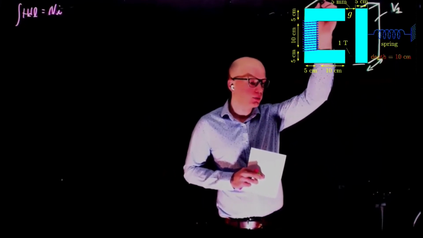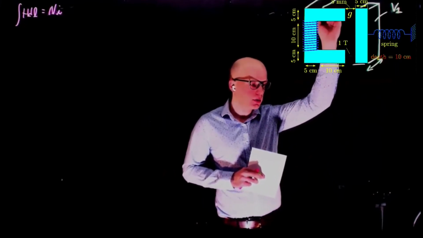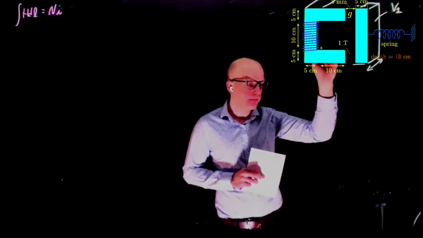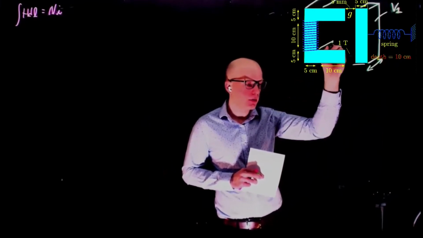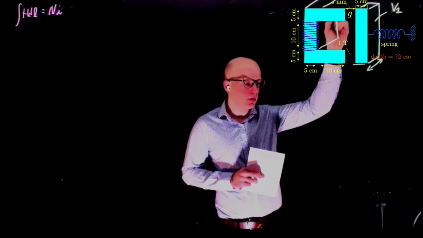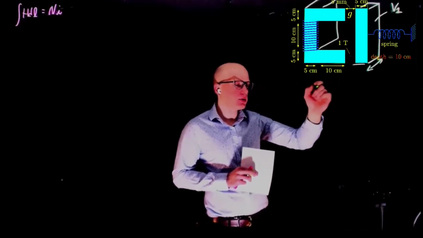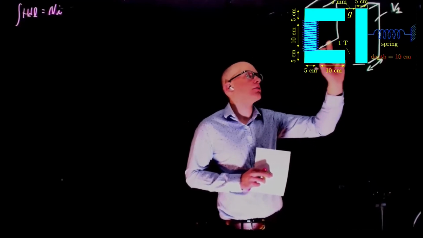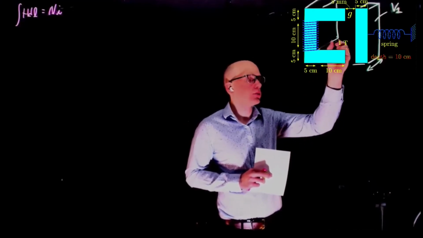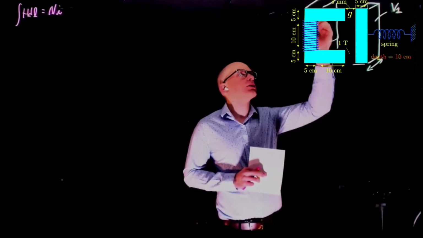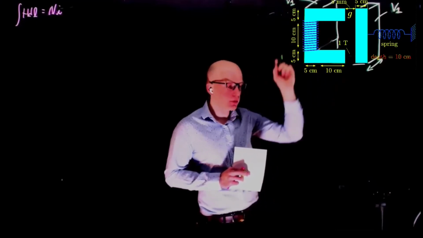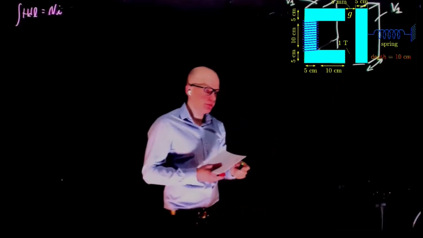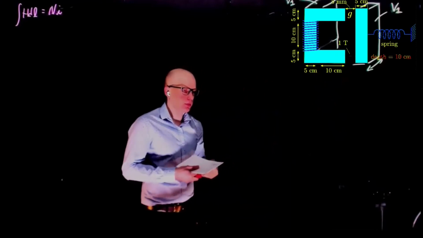So we can trace something like that. And this is also volume V1. Let's go down like that. This is also volume V1. Is this clear?